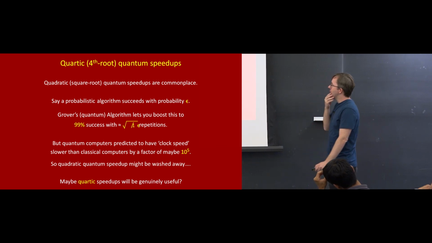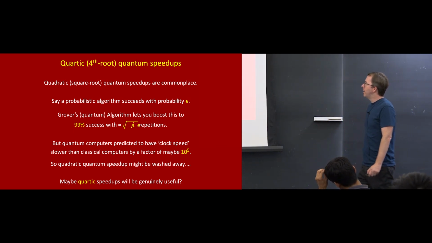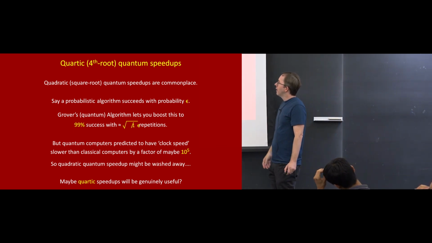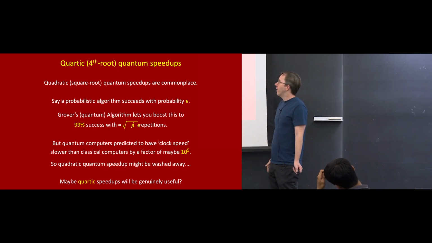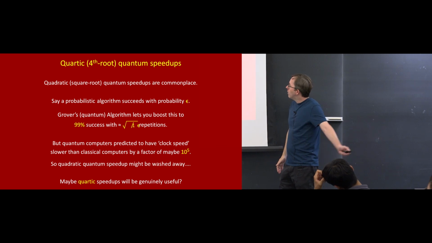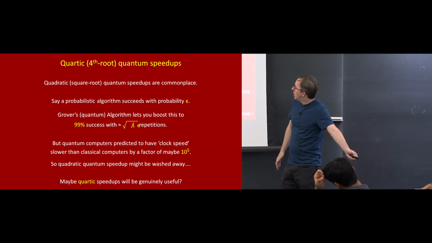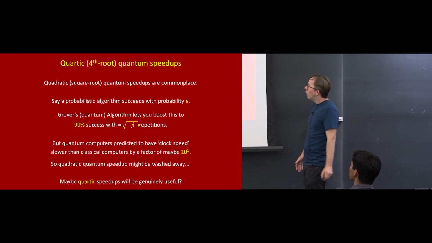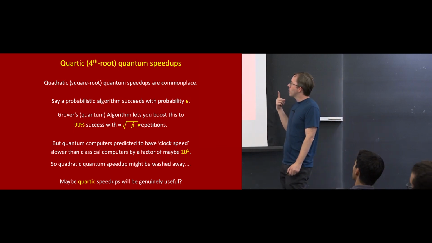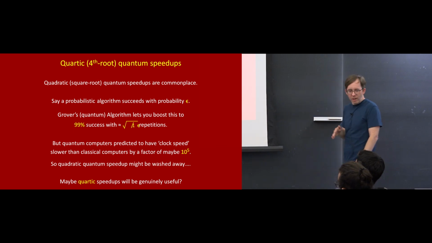Okay, and let me just say one word about this quartic speedup, about why you might care, because it looks a little bit funny, 4th power in the exponent. Quadratic speedups or square root speedups of quantum over classical are kind of commonplace.